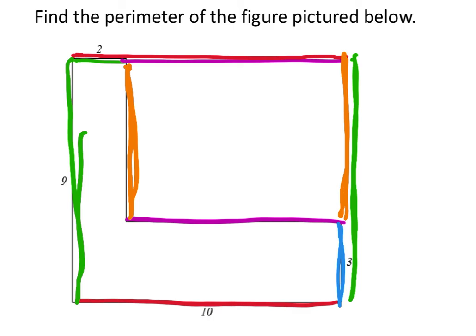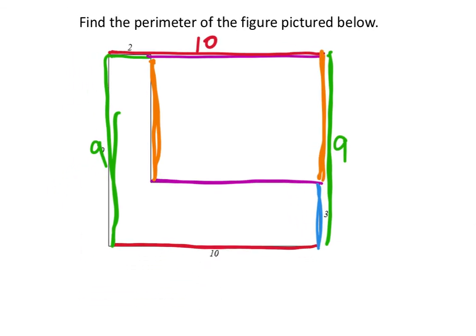I already know that the green is 9 and that the red is 10. Okay, so I can find the perimeter this way using just these 4 lengths, because by moving those out, what I've done is essentially created a rectangle, right? Like this is gone here and this is gone. And so I only have 4 lengths to consider in this one.